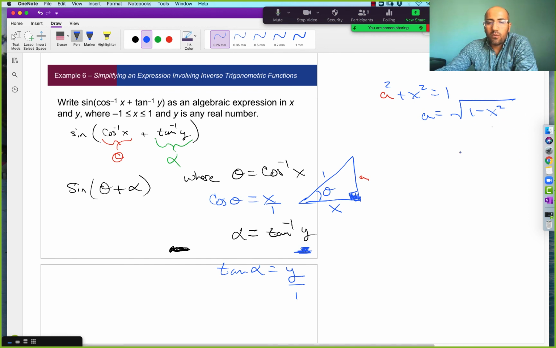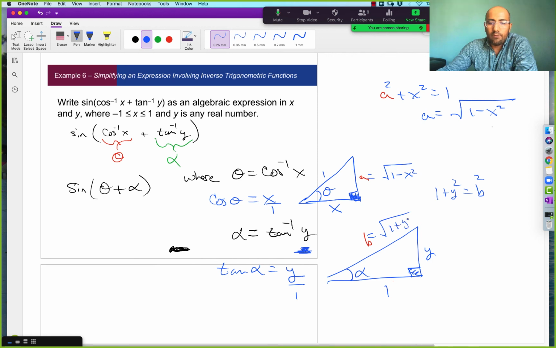And then same thing over here. Here's this arbitrary triangle, and here is alpha. Tangent is opposite over adjacent, so that must be y over 1. And there's this unknown distance, so it must be that 1 squared plus y squared equals b squared. So b equals the square root of 1 plus y squared.